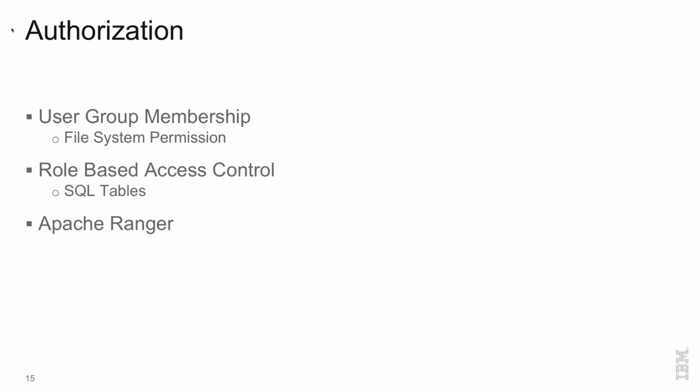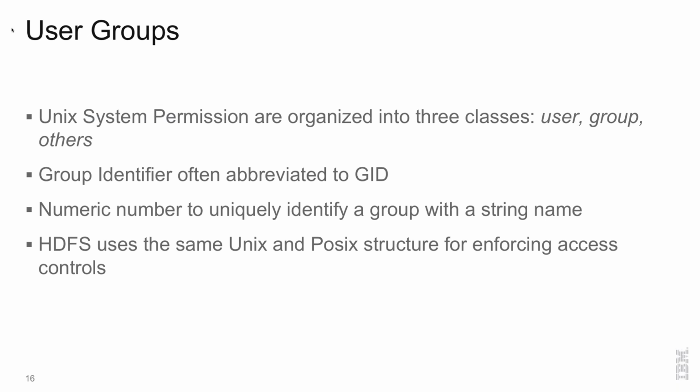Okay, so the next topic. We just talked about authentication. Now the user is authenticated against the system, either through Kerberos or through PAM or LDAP authentication. So the next step is what can you do, right, the authorization part. Hadoop authorization is based on the username, right?